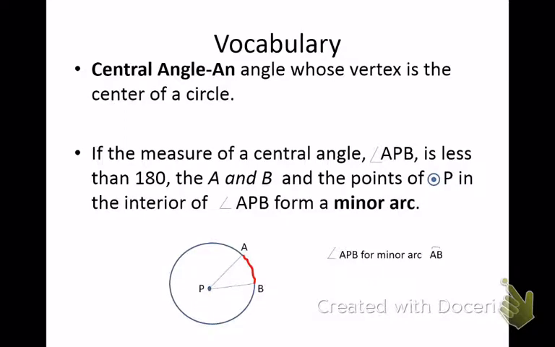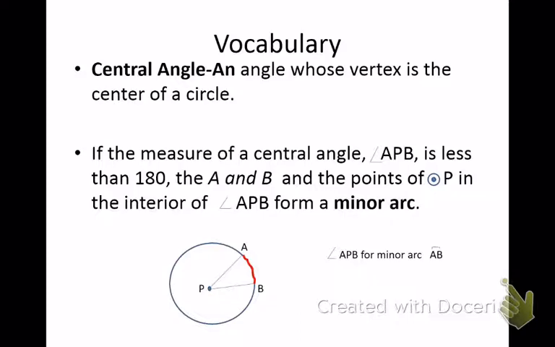Okay? Now, if the measure of a central angle, so if APB is less than 180, so it's less than a straight angle, then points A and B that are on this circle here are going to create what's called a minor arc. So points A, B, and all the points in between A and B are going to create a minor arc.